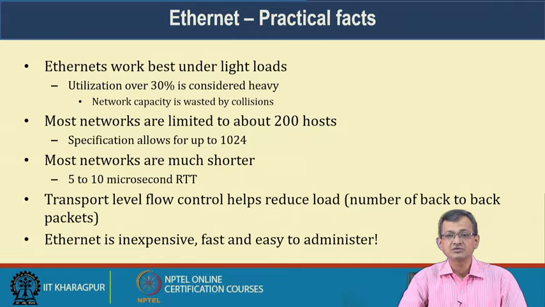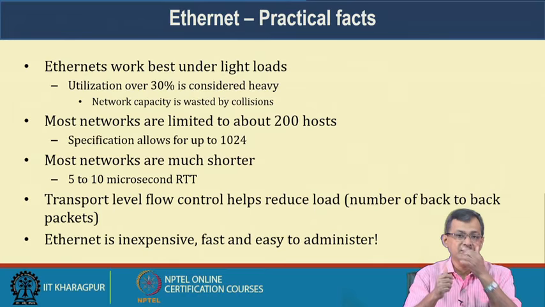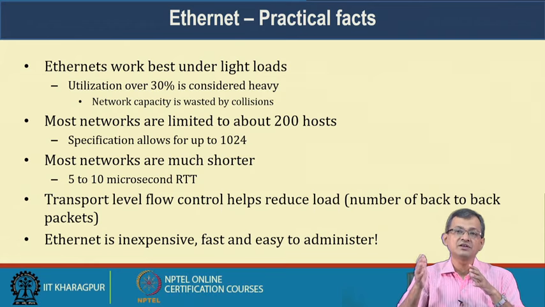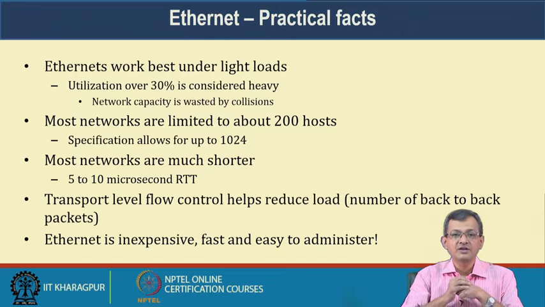The specification allows up to 1024 nodes, but mostly within a particular network we have around 200 nodes, and then we will see the concept of a bridged LAN, where we have a bridge to connect to other LANs. Most networks are much shorter, with an RTT of around 5 to 10 microseconds.